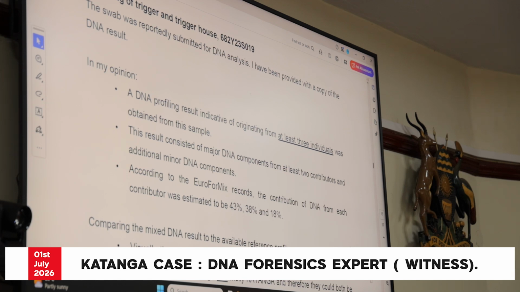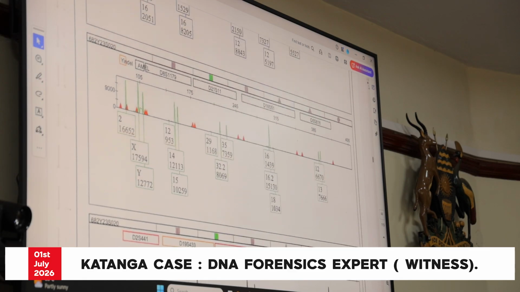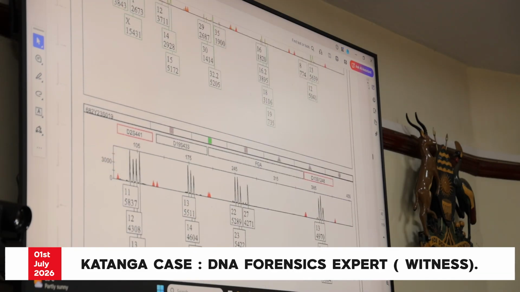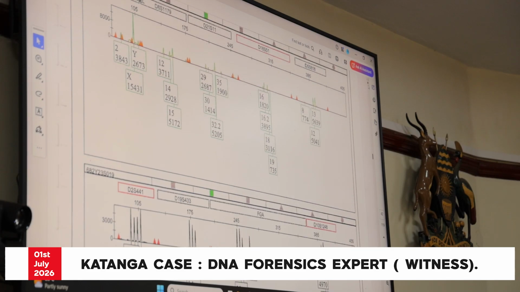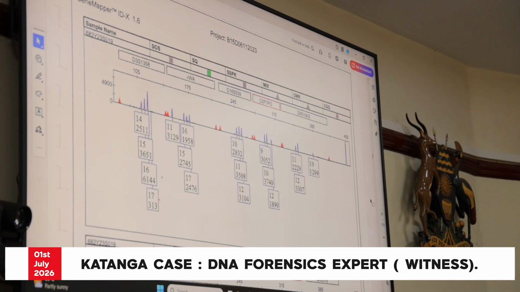Firstly, if we can just go to the electropherogram itself. So what sample was the trigger and trigger housing? What page is that? This is page 42 and it's sample 19.